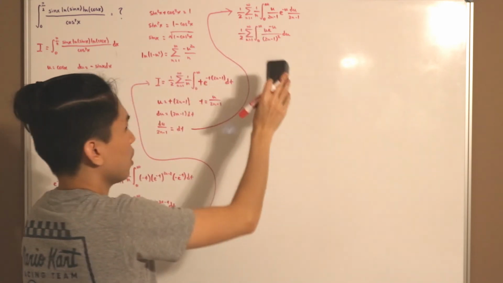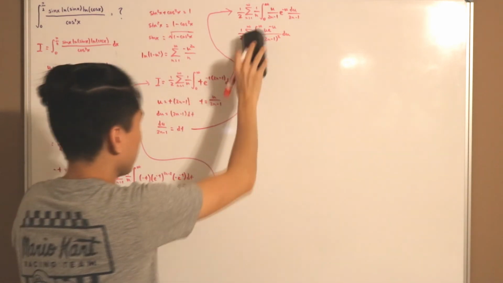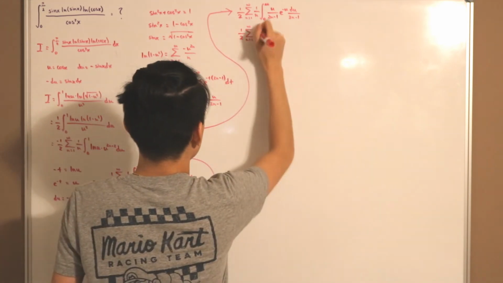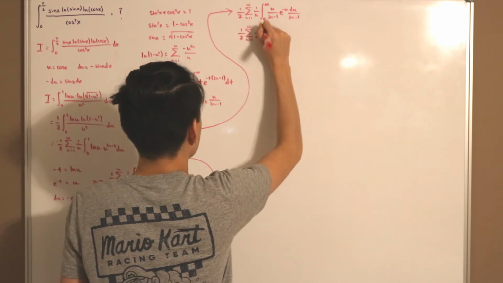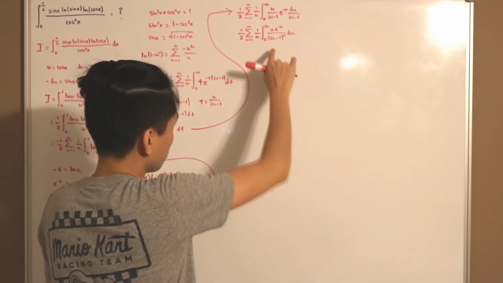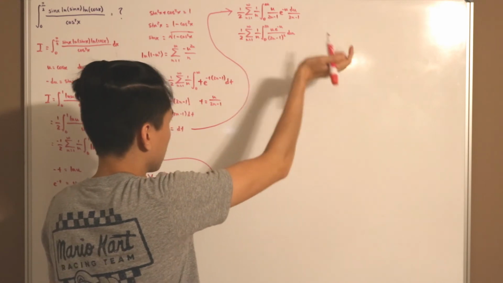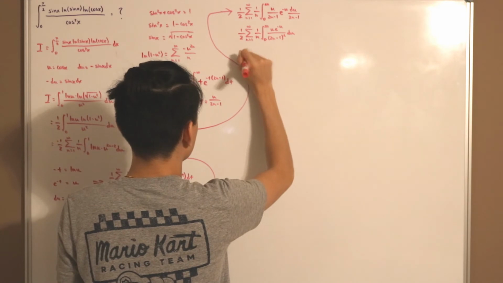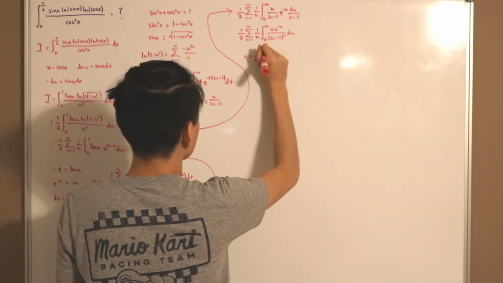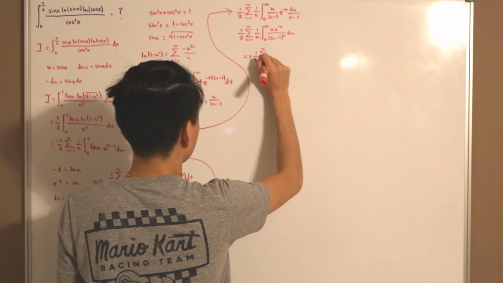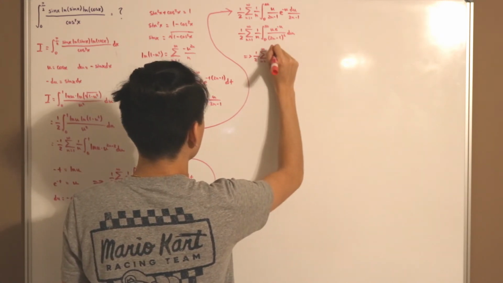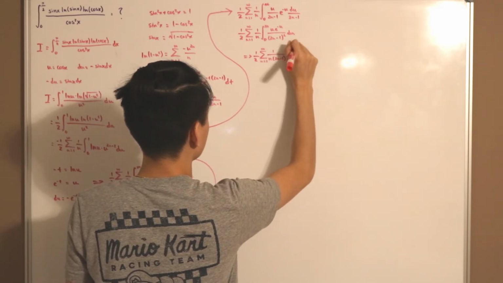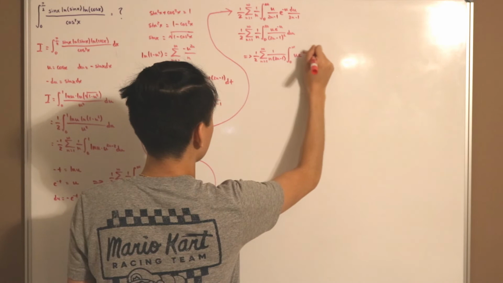I forgot to put the 1 divided by n, so let me rewrite this again, otherwise it's going to bother me, and I'll explain it one more time. So 2n minus 1 squared is a constant. We can move that outside of the integral. So this will just be 1/2 sigma n equals 1 to infinity of 1 over n times 2n minus 1 squared, integral from 0 to infinity of u e to the negative u du.